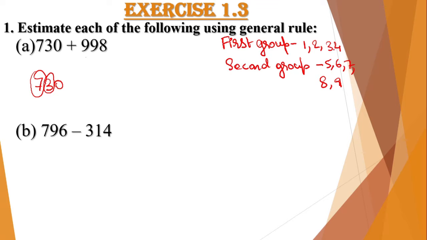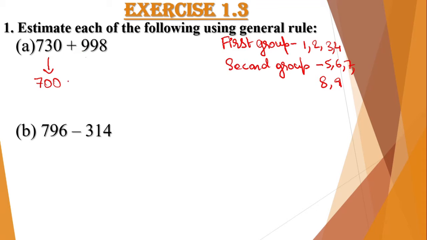Now you can see that 3 is in the first group, and if the number is in the first group, there are no changes. 7 will stay as it is because 3 is in the first group. But 3 and 0 will become 0. So we will get 700. So 730 rounded off to the nearest 100 will give us 700.